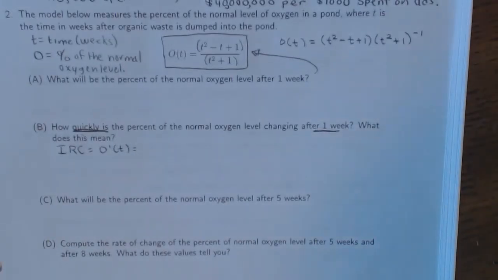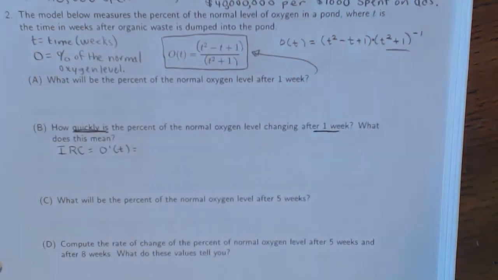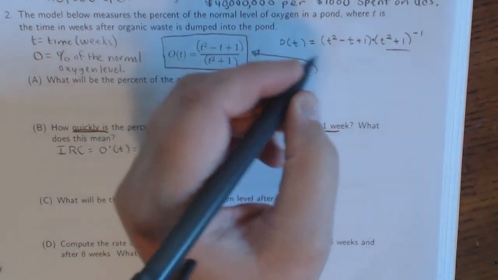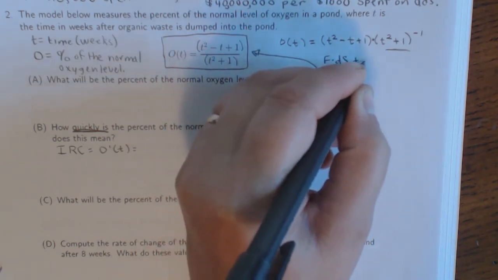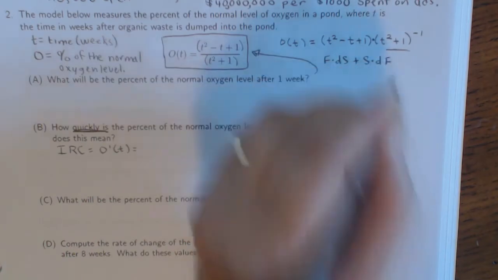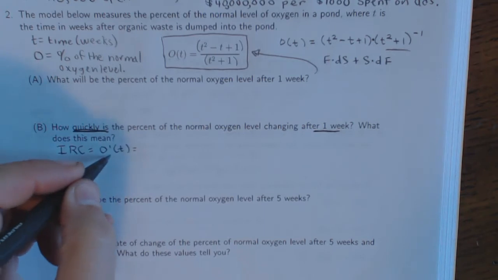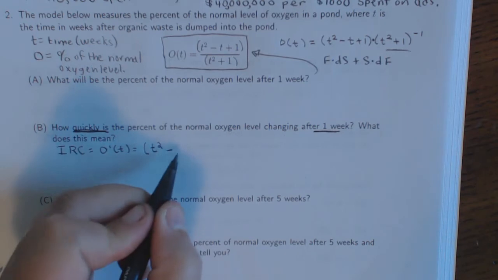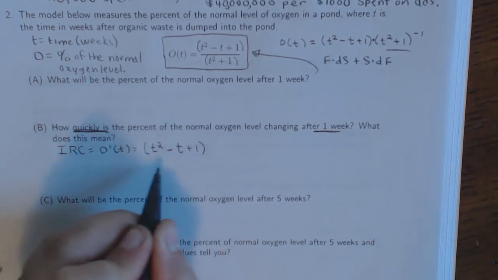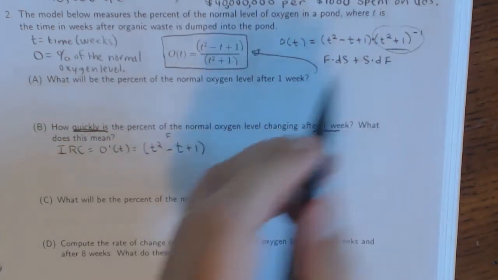So now I'm going to use the product rule, and when I get to needing to take the derivative of this one, I'm going to have to use the chain rule. So the product rule is first times the derivative of the second plus the second times the derivative of the first. So it's time to take this derivative. So the derivative would be the first, which is t squared minus t plus 1. That's the first. Times the derivative of the second, and as I said, the second is going to involve the chain rule.